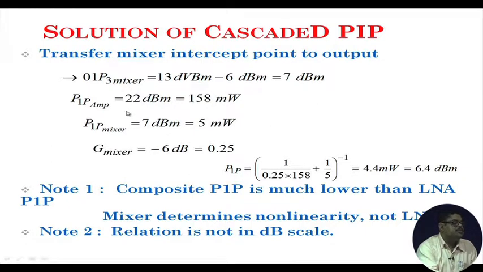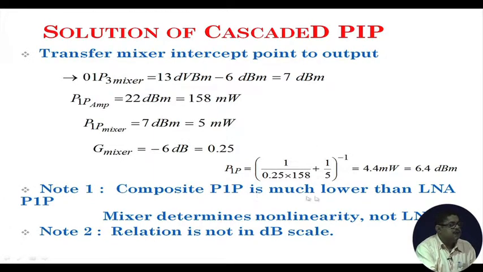Now the amplifier is also at the output side, the mixer is also at the output, we have converted that. So, now you can find that gain is this. So, overall PIP3 from that formula is 6.4 dBm.